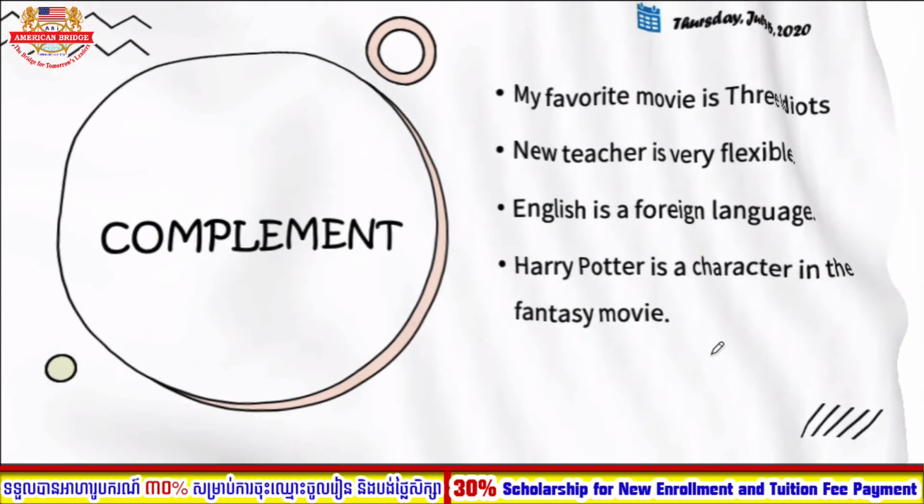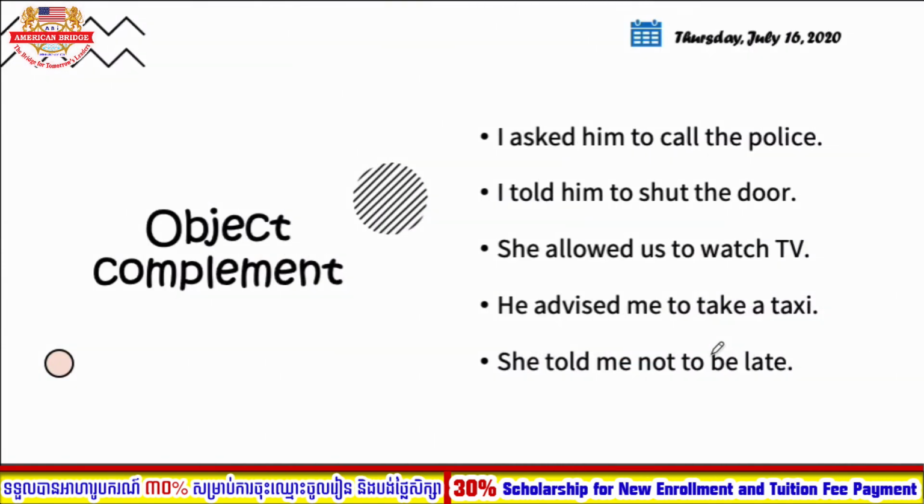So when it is the object complement, it gives more meaning, more information about the object. As you can see in all of these sentences, the to-infinitive here is the object complement because it gives more meaning to the direct object of the sentence.